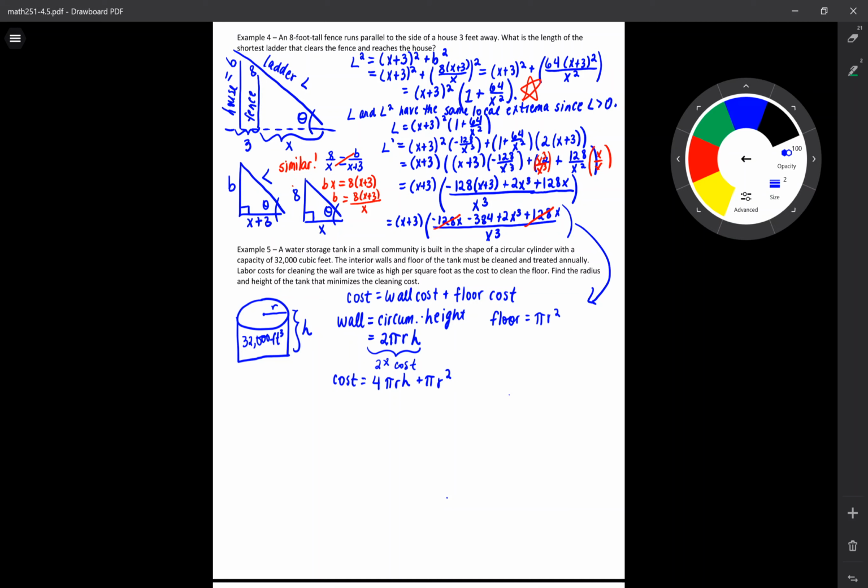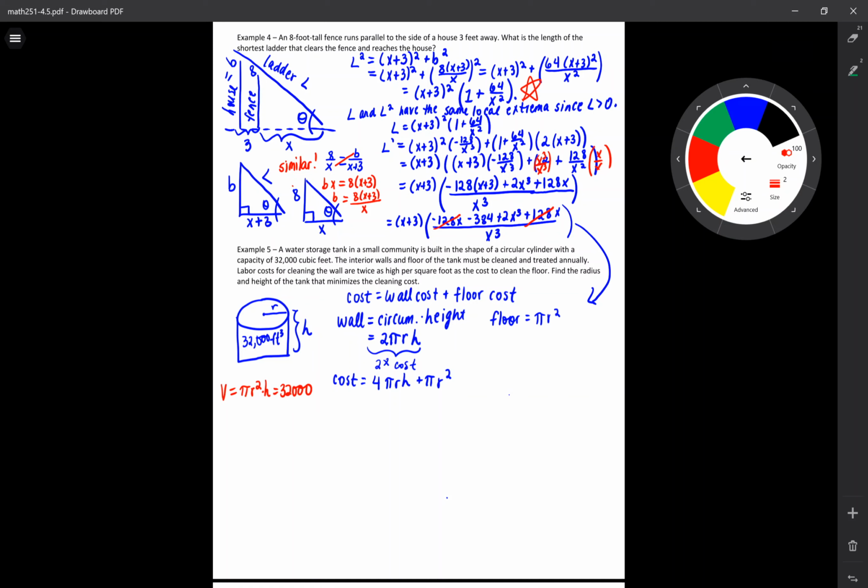Alright, well again, we have two variables, r and h, so I need to solve for h in terms of r. I'm going to use the fact that my cylindrical tank here has a volume of 32,000 cubic feet. So my volume is equal to base times height, which is equal to pi r squared times h, and in this case my volume is 32,000 cubic feet.